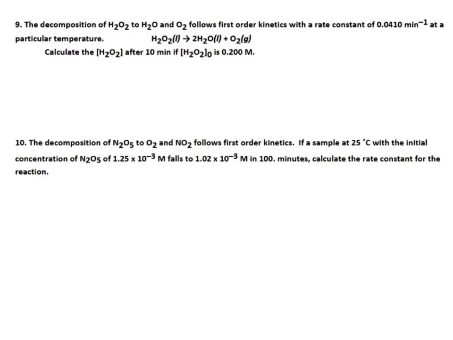Decomposition of hydrogen peroxide to water and oxygen follows first order kinetics with a rate constant of 0.0410 1 over minutes. So that's my K right there at a particular temperature. And there is our equation. So we cannot write our rate law from that equation.